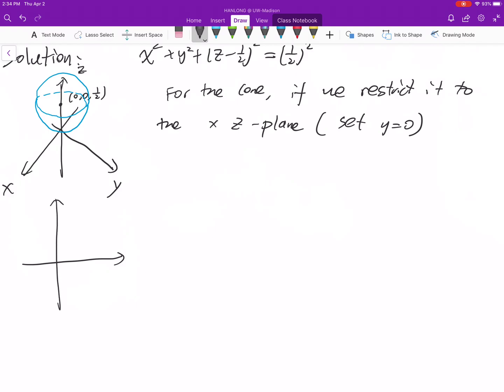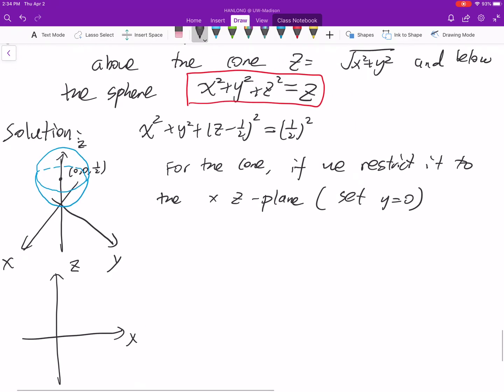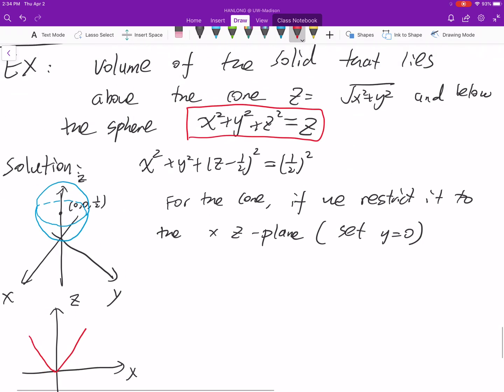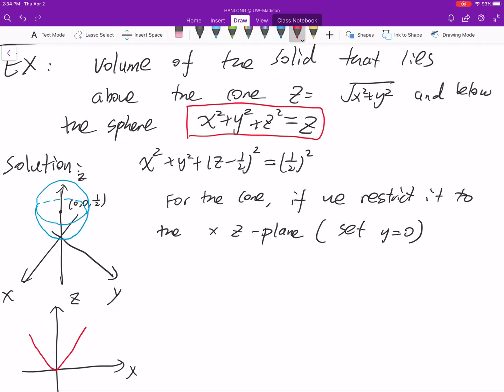Suppose you have x and z, then you will have a curve like this. Similarly for the restriction to the yz plane. Therefore, the cone is like this.